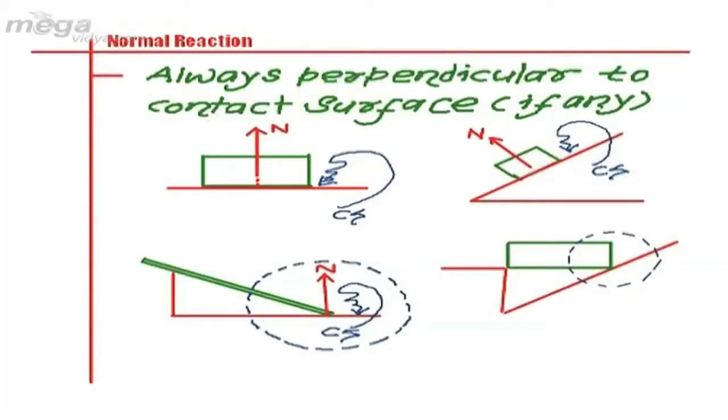No doubt here the contact surface is this one, so normal reaction will act perpendicular to it. Always remember that when a contact surface can be drawn, we must take normal reaction perpendicular to it.